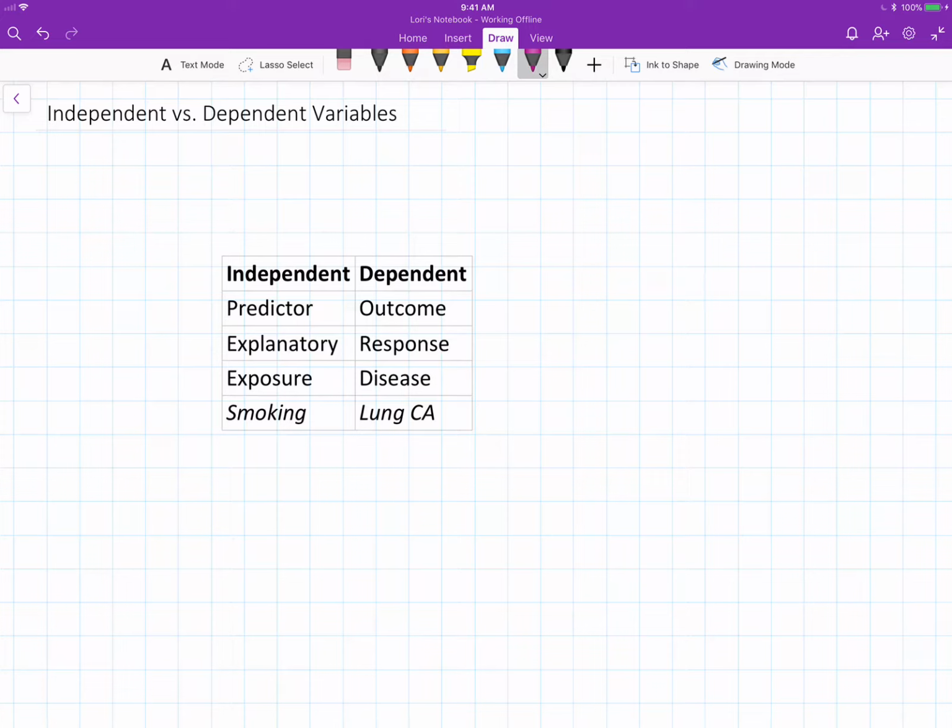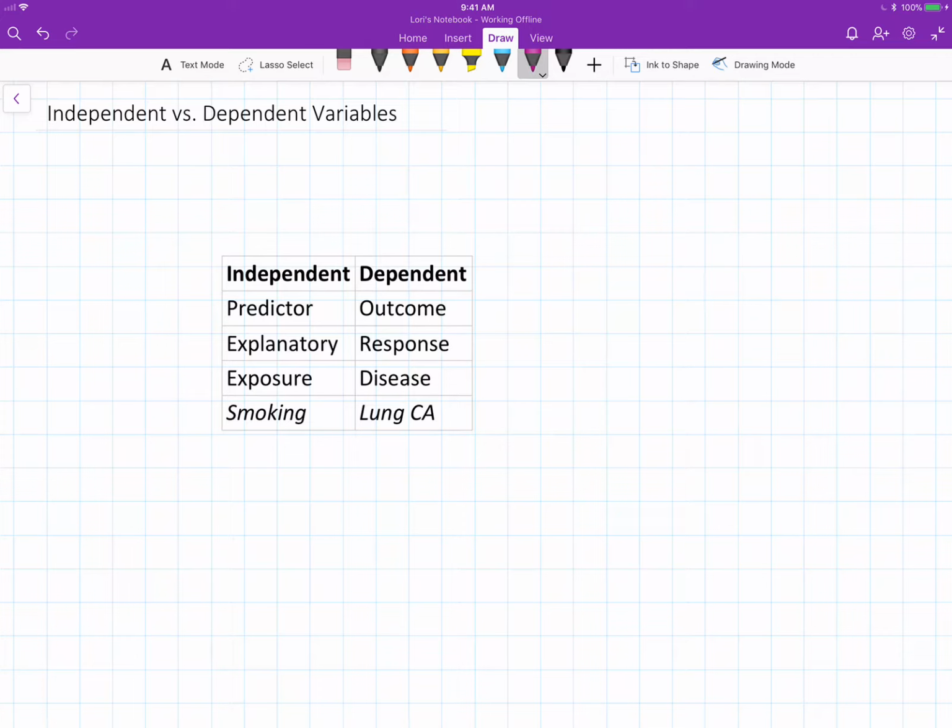It's just kind of like this thing that happens or something that somebody chooses. Whereas the outcome, the dependent variable, which could also be considered the response or the disease, that is considered to be dependent on whether somebody was exposed to that particular independent variable.